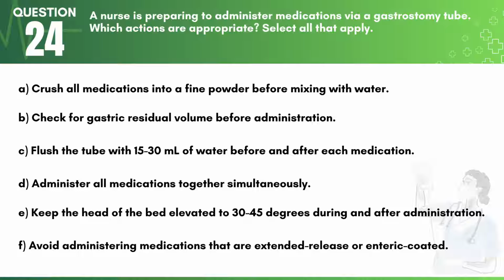C. Flush the tube with 15 to 30 milliliters of water before and after each medication. D. Administer all medications together simultaneously. E. Keep the head of the bed elevated to 30 to 45 degrees during and after administration. F. Avoid administering medications that are extended release or enteric coated.